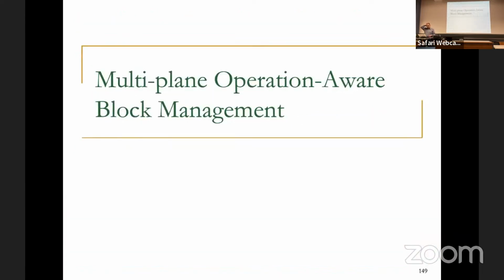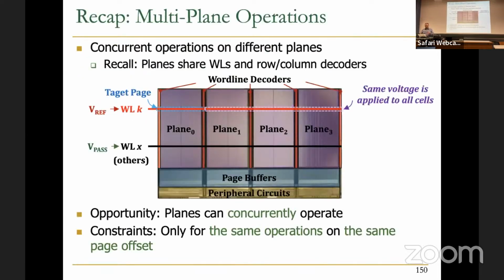Okay. Now let's also quickly see how we can benefit from multi-plane operations. We know that a multi-plane operation is good, but how can we ensure we benefit from it? This is a recap about multi-plane operation that you already know.